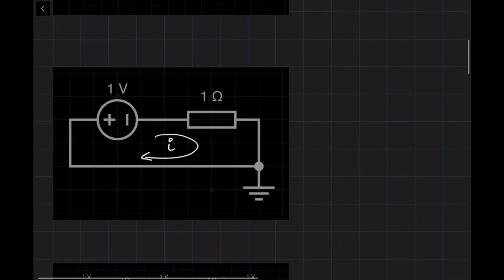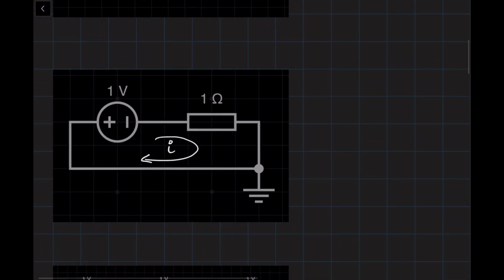The next problem, third problem, once again we are taking the current in the clockwise direction, but this time when you move in the clockwise direction, you are finding the positive sign of the battery. So you have to put minus V. Is there any other voltage source?